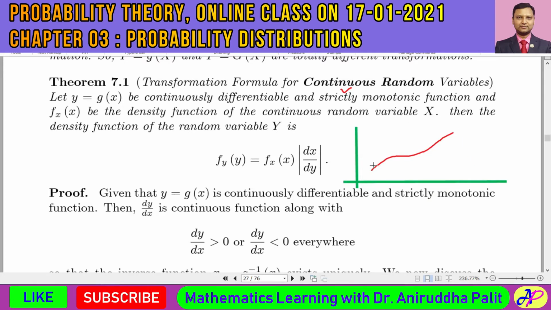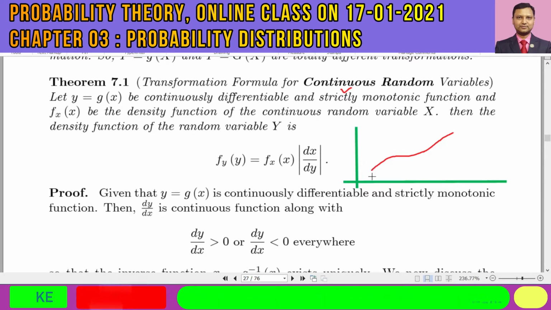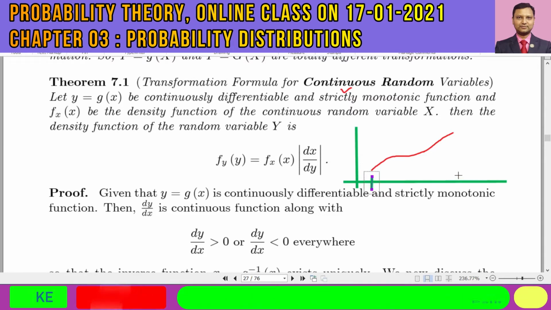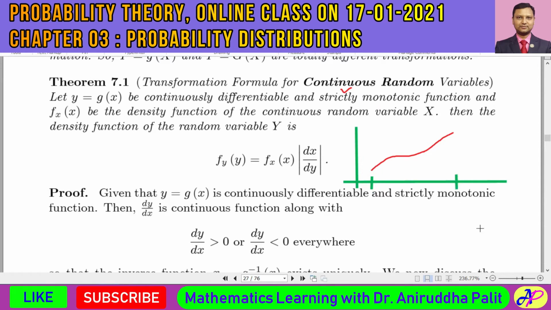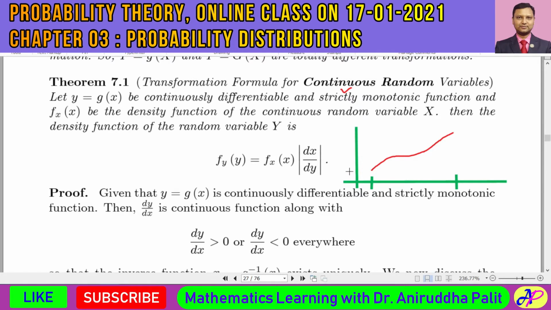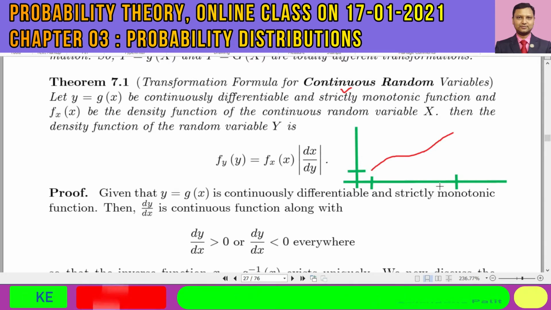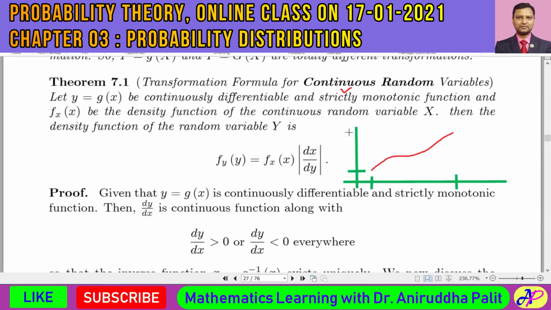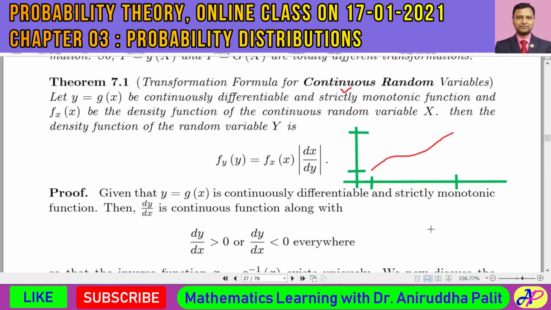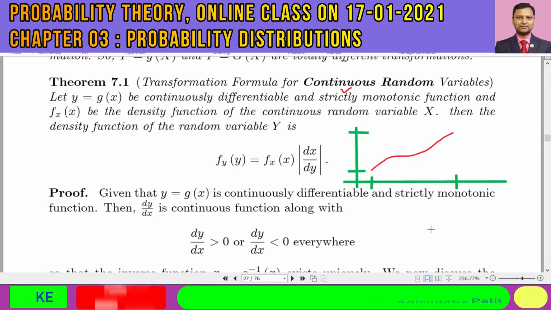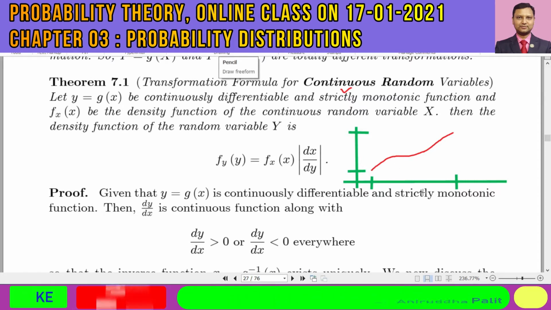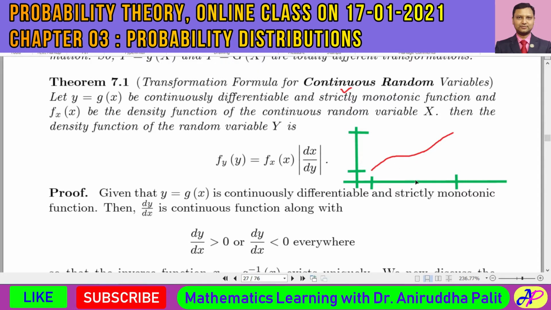Suppose the domain of definition of this function is from a to b, depending upon the spectrum of x, and correspondingly the domain of definition may be from c to d, depending upon the nature of the transformation, that is the function g.